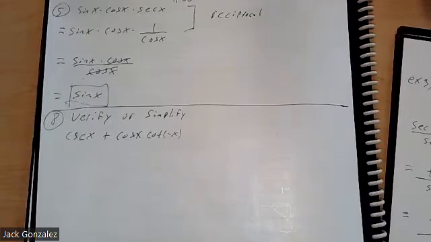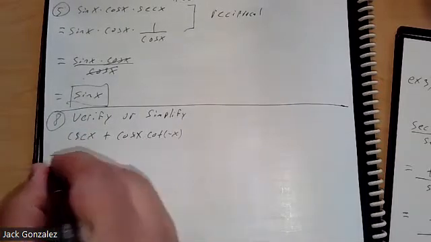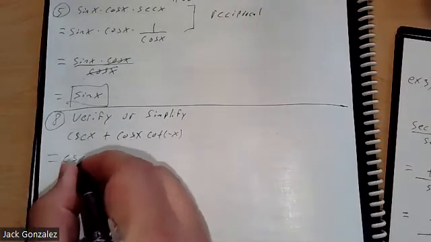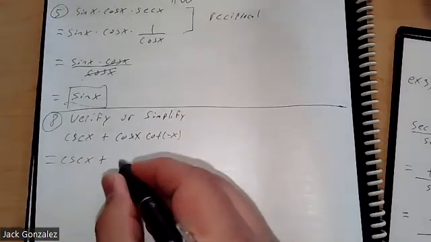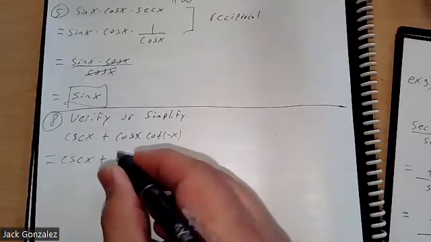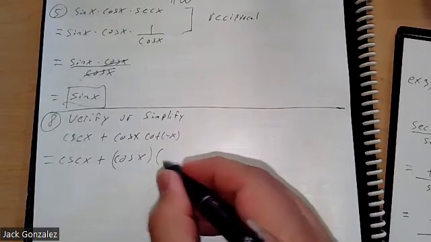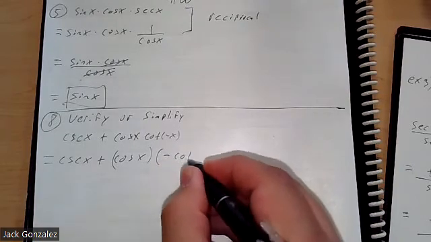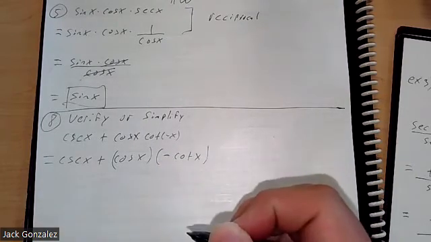To verify or simplify, in this case, it's just simplify. So the first thing I'm looking at is that negative angle. So try one of those identities. So right here, cosecant will probably do something with that in a second. So this becomes a negative cotan x, right?